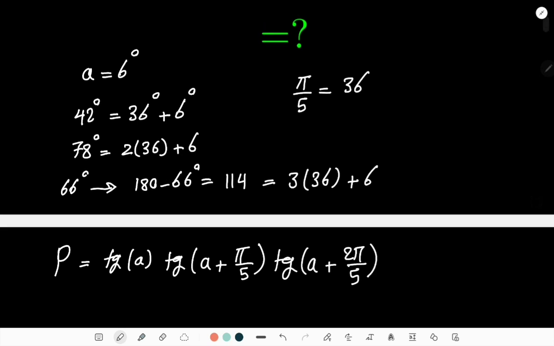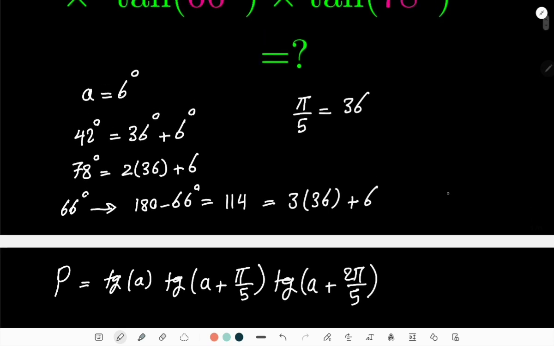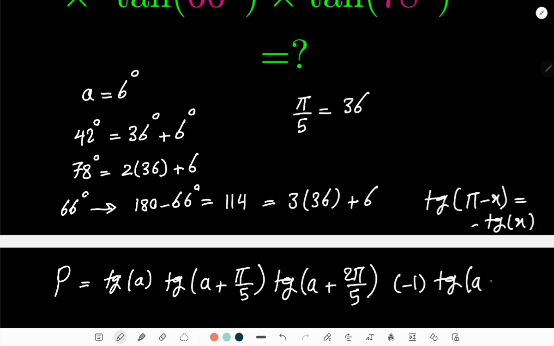And 66, we know from trigonometry that tangent of pi minus x is nothing but minus tangent of x, okay? So that is basically minus 1 tangent of a plus 3 pi over 5, okay?